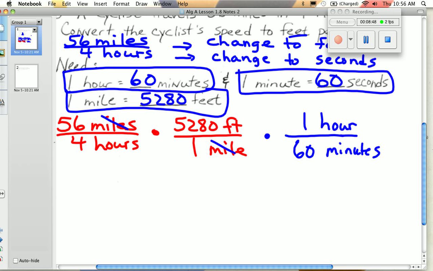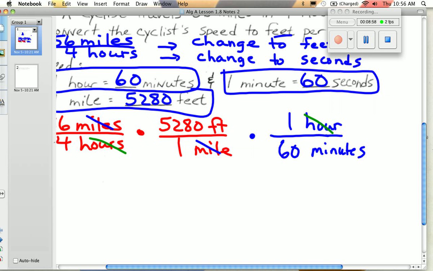And what's going to cancel right now? Hours. The hours are going to cancel. And so now I see I have feet upstairs. That's the only thing not crossed out upstairs. The only thing not crossed out downstairs are minutes.